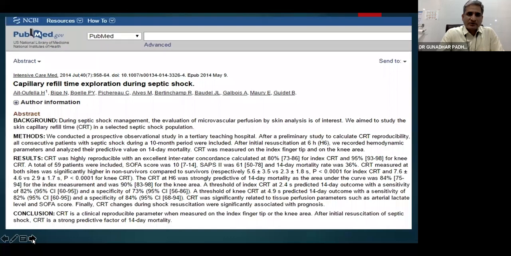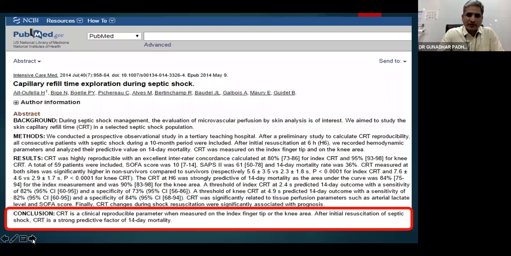Capillary refill time during septic shock is also a clinically reproducible parameter, and when measured on the tip of the index finger or the knee area, it can show the extent of shock or hypoperfusion in a patient, and sometimes it is a strong predictor of 14-day mortality.